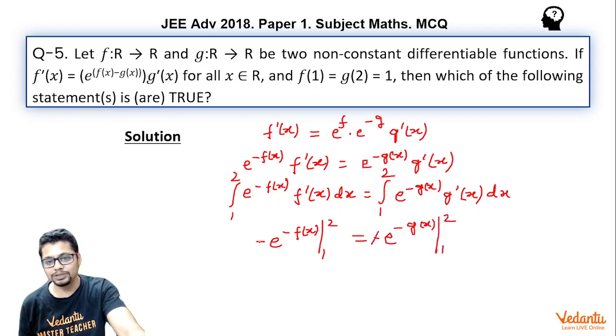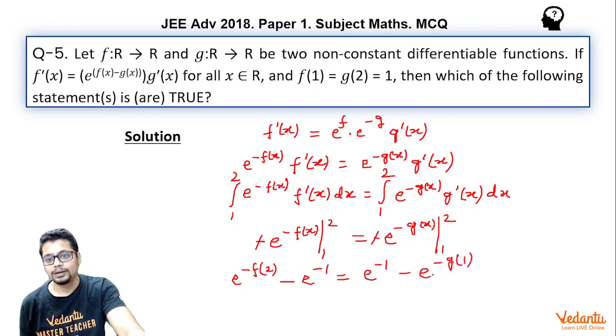This minus and minus may cancel out on both sides, and you essentially get e to the power minus f of 2 minus e to the power minus f of 1, which is 1, equal to e to the power minus g of 2, which is again minus 1, minus e to the power minus g of 1.